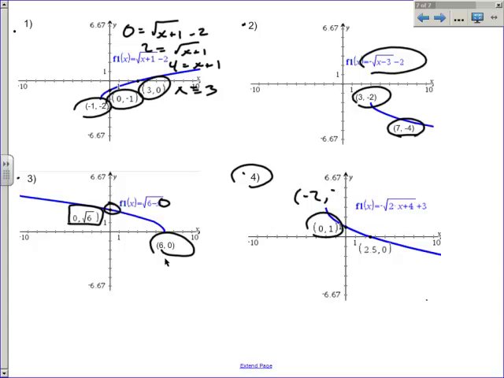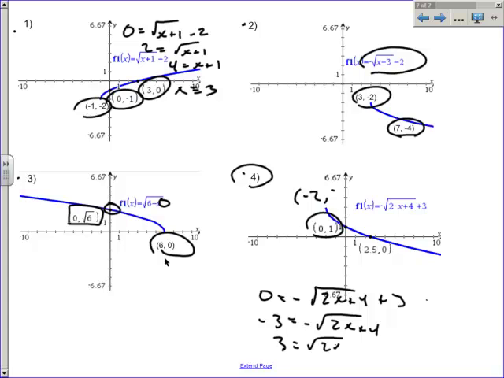And then to find my x-intercept, I set f of x equal to 0. 0 is equal to negative the square root of 2x plus 4, plus 3. Subtracting 3 from both sides, negative 3 is negative root 2x plus 4. So 3 is equal to the square root of 2x plus 4.